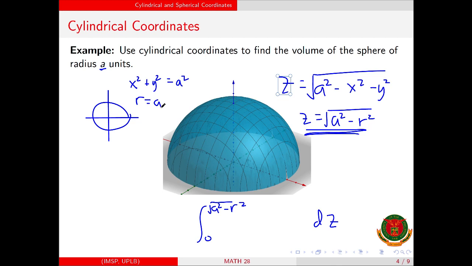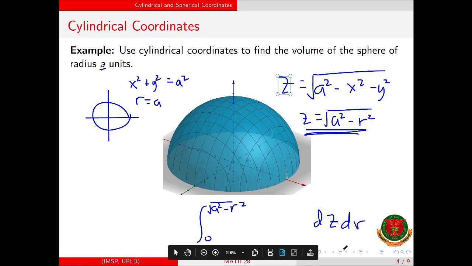So going back to our triple integral, for our middle integral, the variable to be considered is r. From the xy plane, the boundaries for r here is 0 to a.